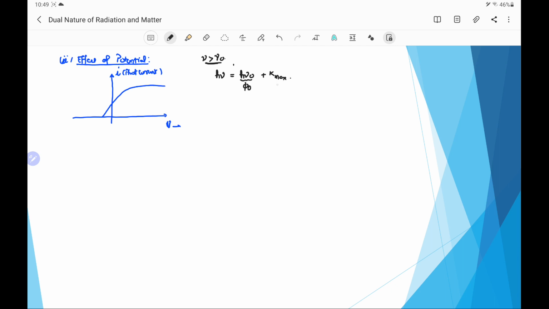And this kinetic energy, which is the energy of the emitted electrons, is equal to the charge on the electron multiplied by the stopping potential. This is the potential which is required to stop the electrons from reaching the anode.